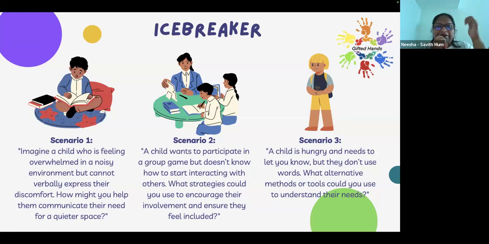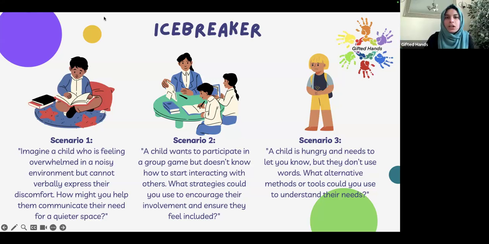Being proactive in this scenario, I will make sure that he has his headphones, so the discomfort is taken out in such situations, and he's able to participate and be positive in that environment. Okay, so that there are no triggers in that environment. Yes, exactly.